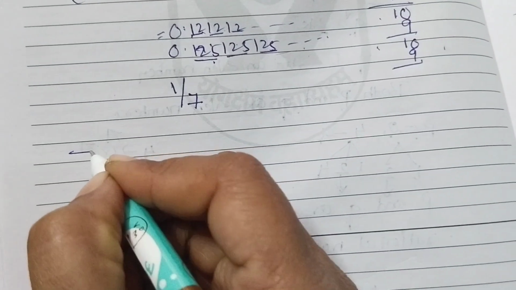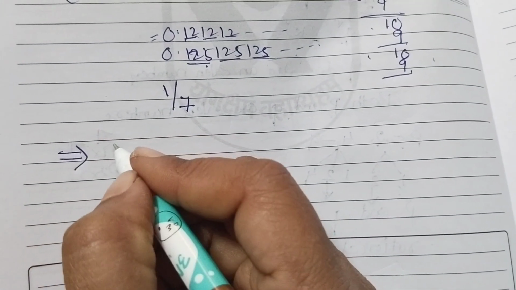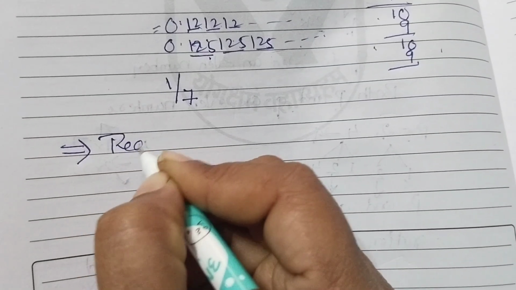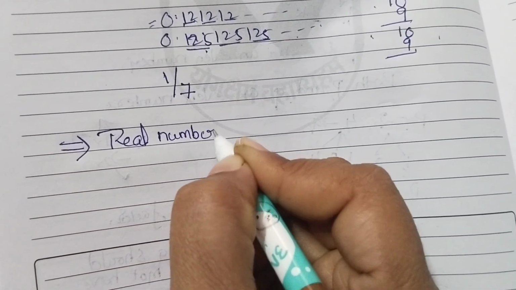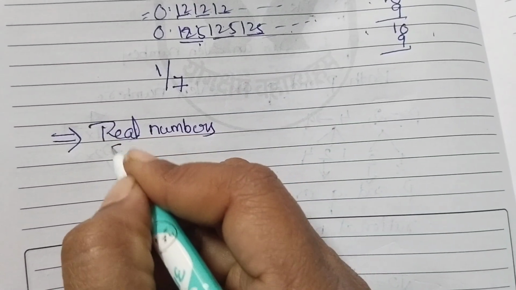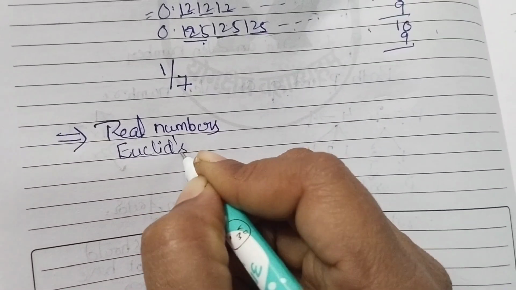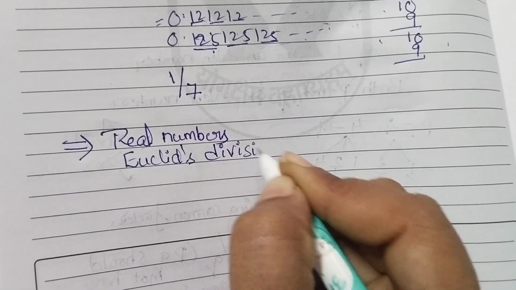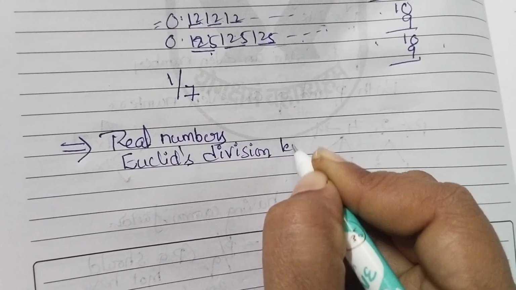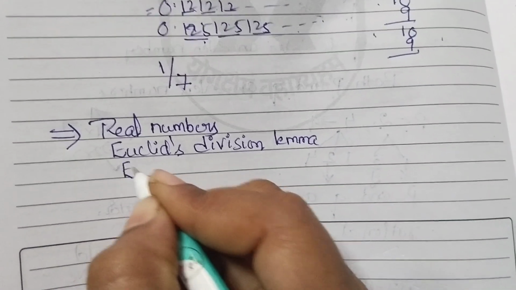Okay, finally our chapter is done. So now we'll write what are the topics we have discussed. Our first topic is real numbers. How many topics we have covered? Real numbers, Euclid's division lemma, right? Next, Euclid's division algorithm.